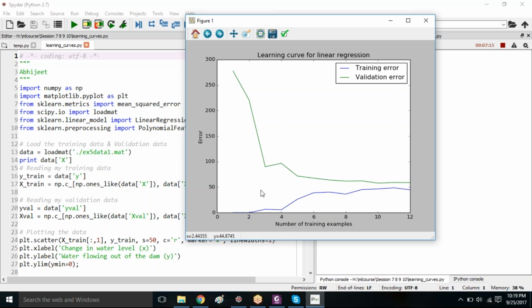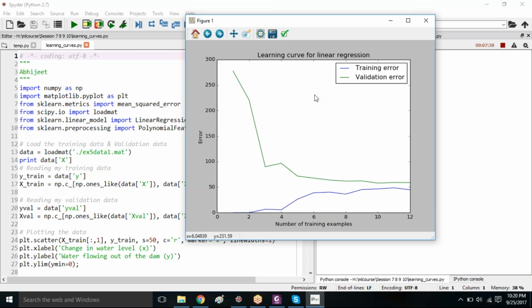The error is around 50, isn't it? So in the training data itself, your error is 50. And I told you that 12 data points they have taken for training, and similar 12 data points maybe they have taken for validation also. That is the validation data.